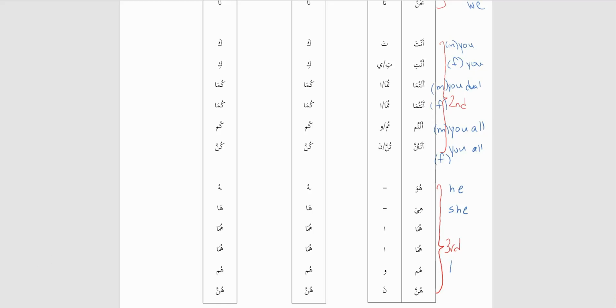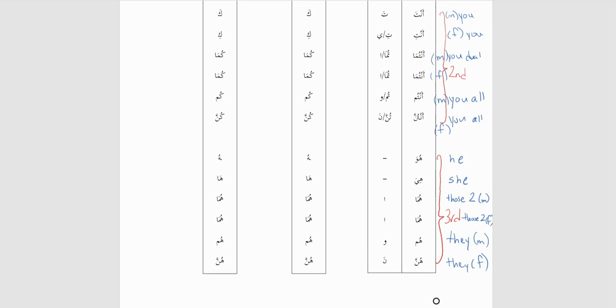So it's those two, but masculine. Huma, the other one, is those two, feminine. Hum is they, masculine, and hunna is they, feminine.